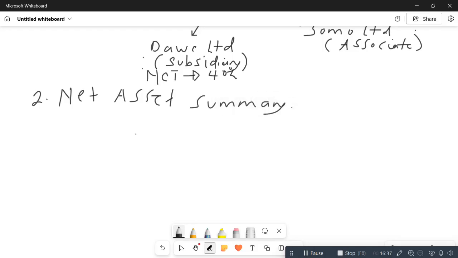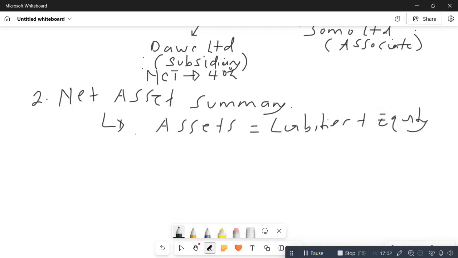Now, what we need to know about net asset summary: where does net asset come from? That is from our accounting equation. You know our accounting equation: assets equals liabilities plus equity.